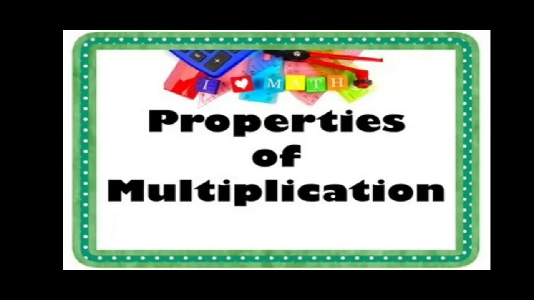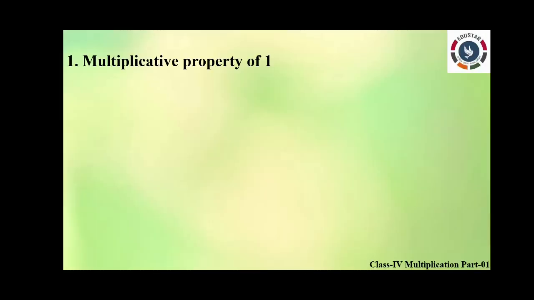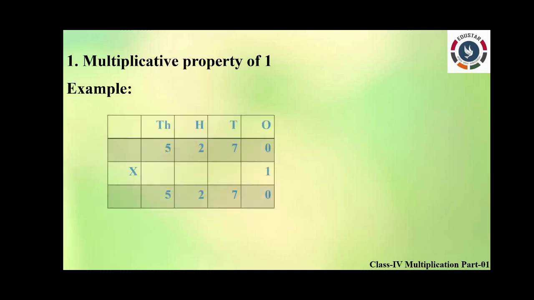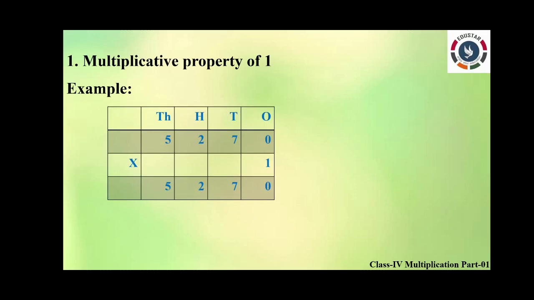Next, let us see the properties of multiplication. There are 5 properties in multiplication. First property, multiplicative property of 1. When any number is multiplied with 1, the product is the same number.